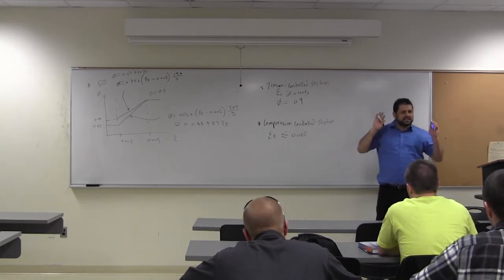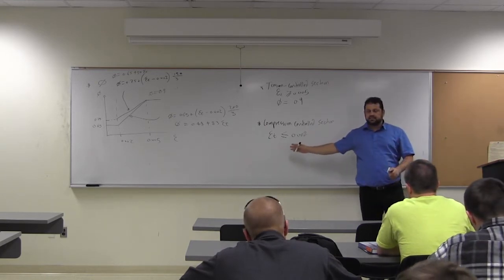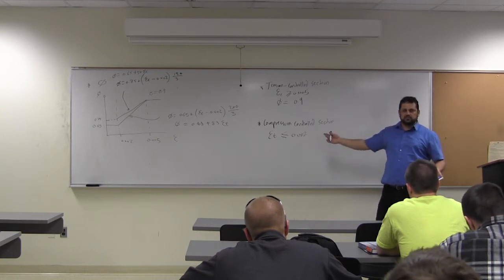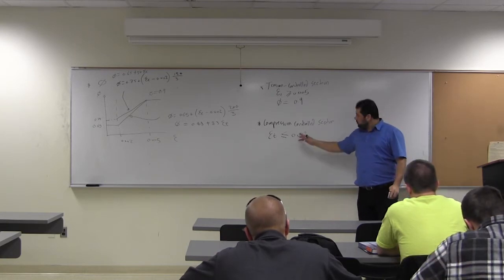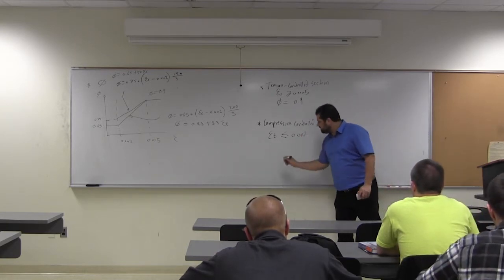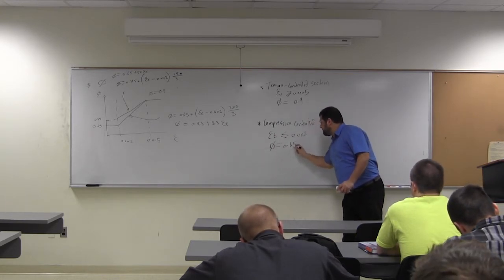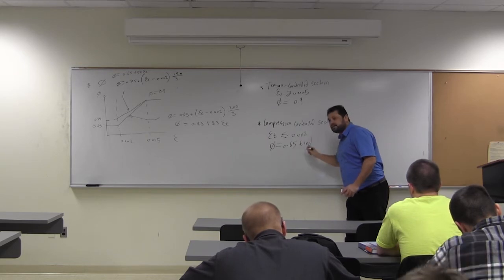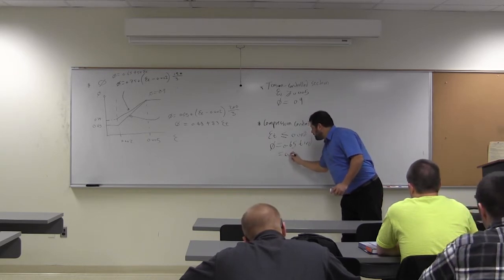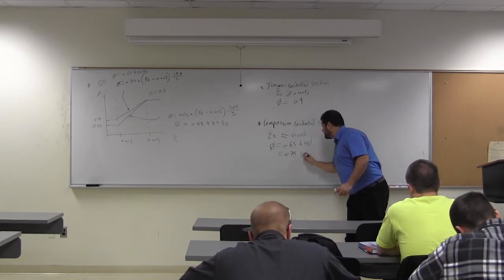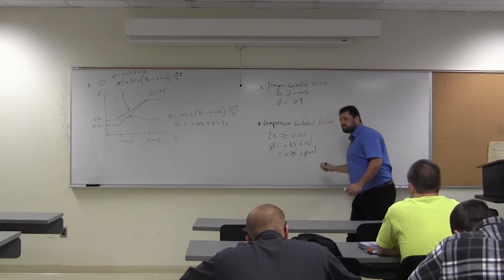We're talking about grade 60, 60 ksi steel. Most of the steel used is 60 ksi. So what do we know also about this one? What's the Phi factor? 0.65 for tied, or 0.75 for spiral.